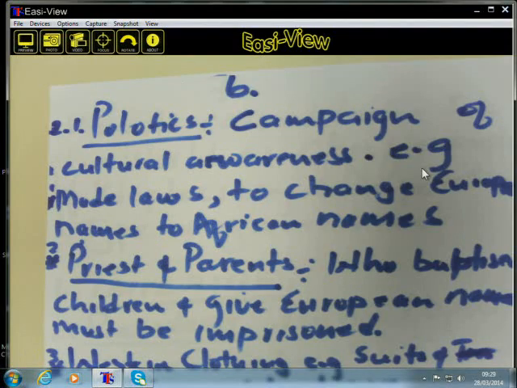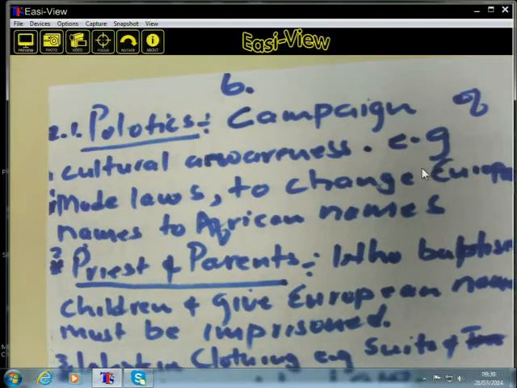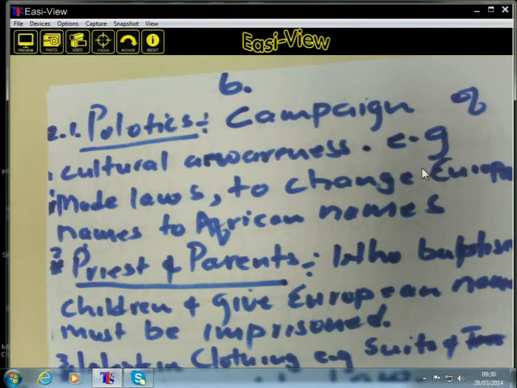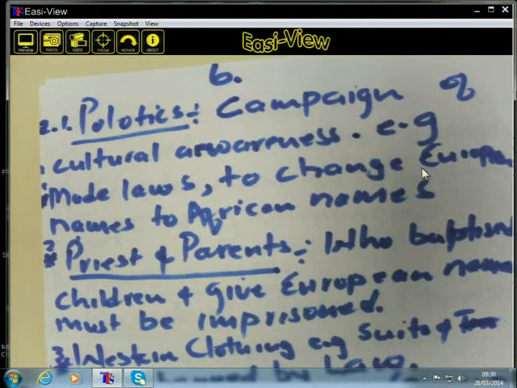That was the political situation in Congo under the new leadership of Mobutu Sese Seko as the president. He came up with a campaign of cultural awareness, whereby he introduced laws to change European names to African names.